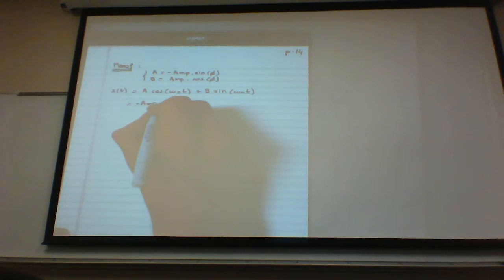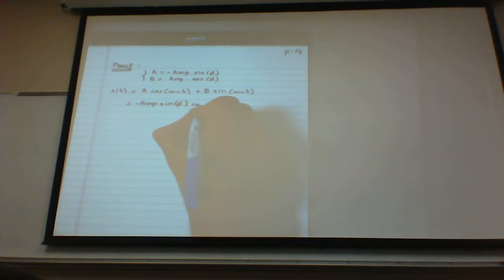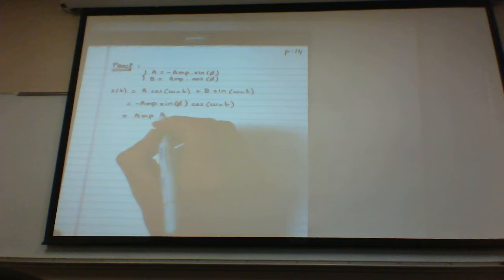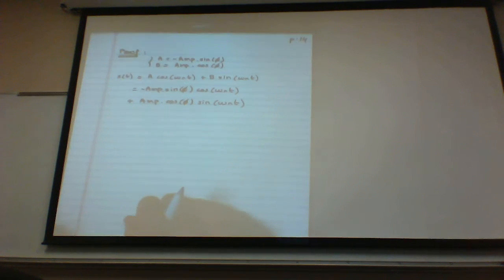Minus amplitude sine phi cosine omega n t plus amplitude cosine phi sine omega n t.